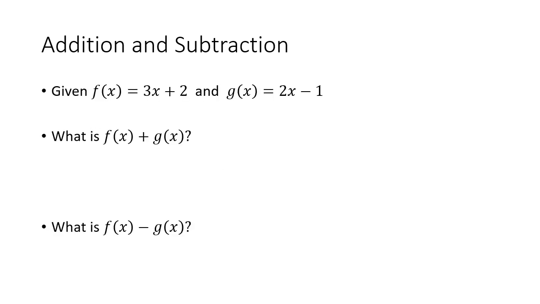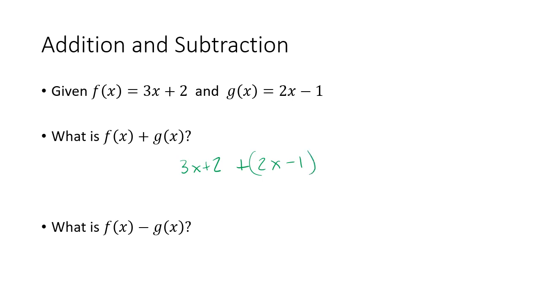So let's work with these two different polynomial functions. I'm just changing this a little bit. f of x is equal to 3x plus 2, and g of x is equal to 2x minus 1. I want to know, what is f of x plus g of x? Well, I would just write 3x plus 2 because that's f of x, and then I would add to that the 2x minus 1.